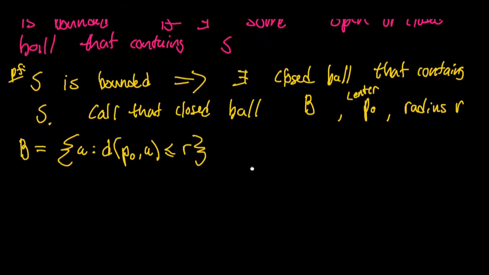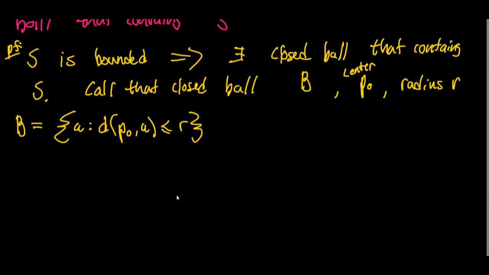Okay, so let's draw out what's going on in this situation. We have the center of our open ball or closed ball, P naught, and we have our set that's bounded.